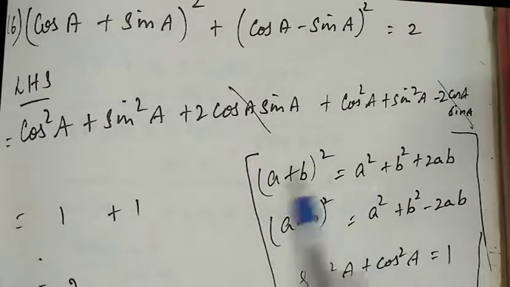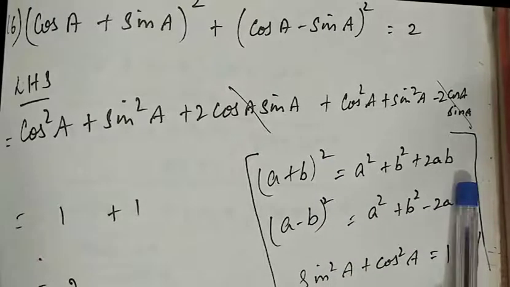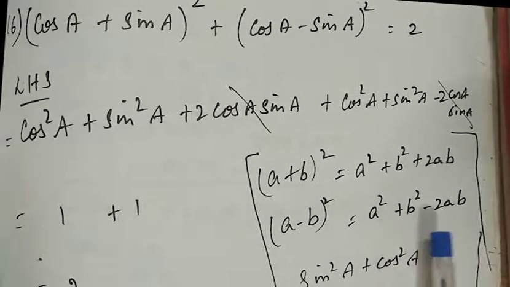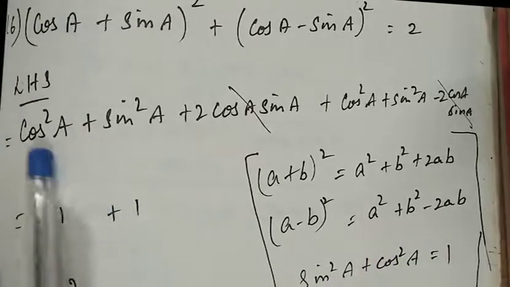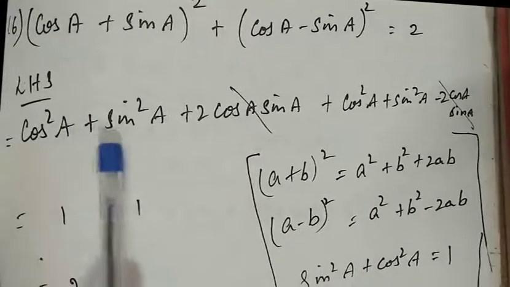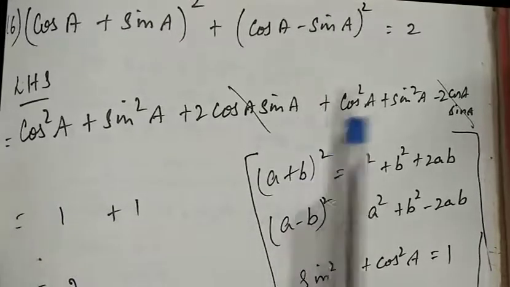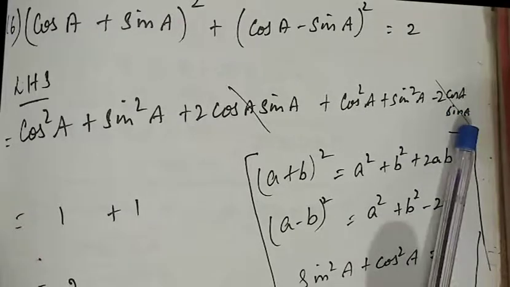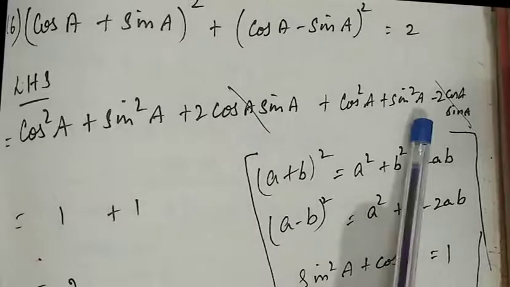So, you know A plus B whole square is equal to A square plus B square plus 2AB and A minus B whole square is equal to A square plus B square minus 2AB. Okay, so here you will get cos square A plus sin square A plus 2 cos A sin A plus cos square A plus sin square A minus 2 cos A sin A. And these two get cancelled, plus 2AB and minus 2AB.